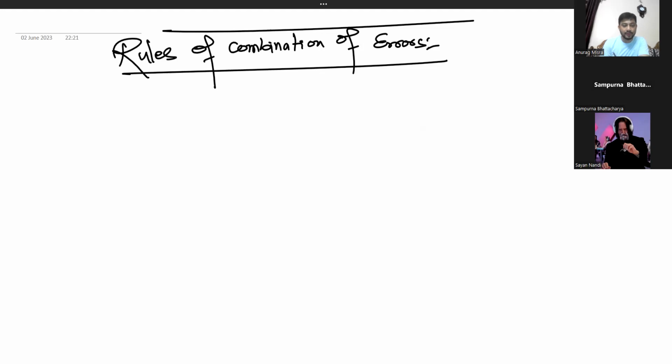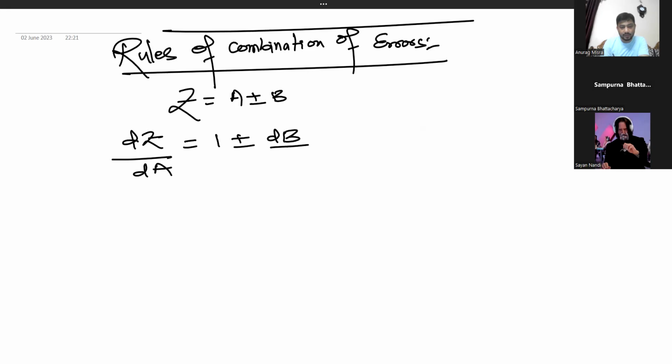For example, if I have z equals to a plus or minus b, तो you know कि dz अगर हम लोग निकालें dz by dA, that will be equal to what? It will be equal to simply 1, right? Plus minus dB by dA. So that means we will get dz equals to dA plus minus dB.